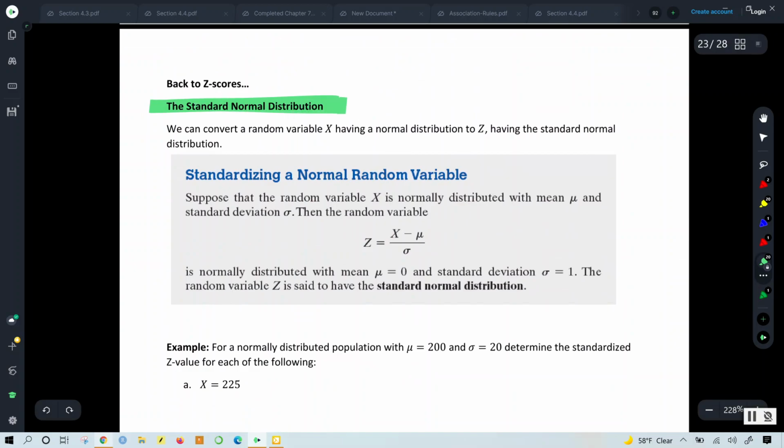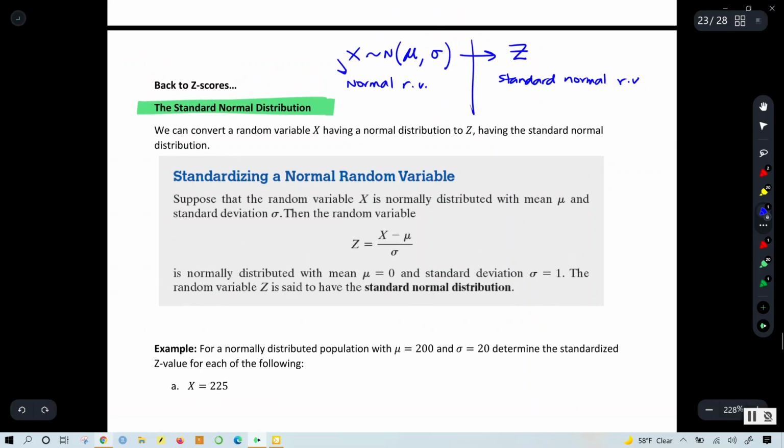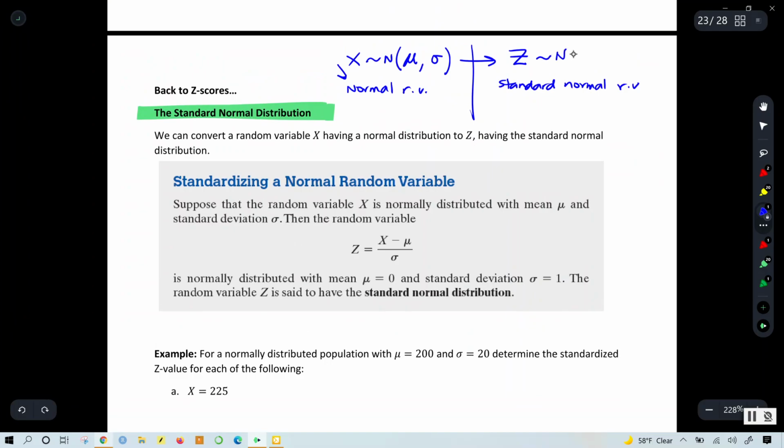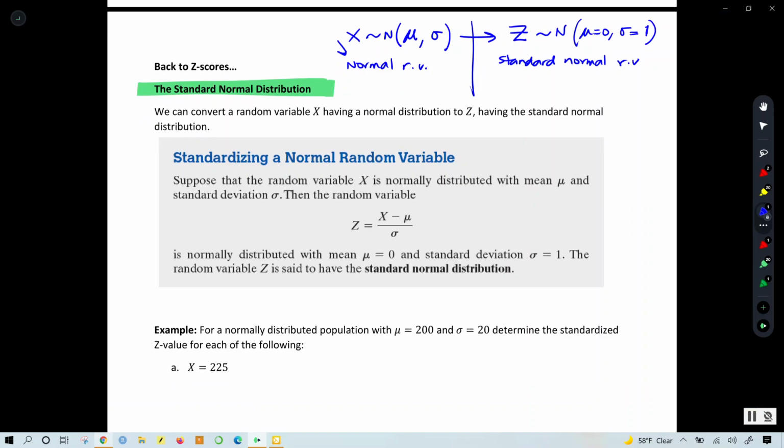Usually, if you start out with x having the normal distribution with a mean and a standard deviation, we can convert it to the standard normal random variable, which is usually represented by the capital letter Z. In this case, we're going towards a normal random variable whose mean is always 0 and the standard deviation is standardized at 1. So how do we convert from x to z?